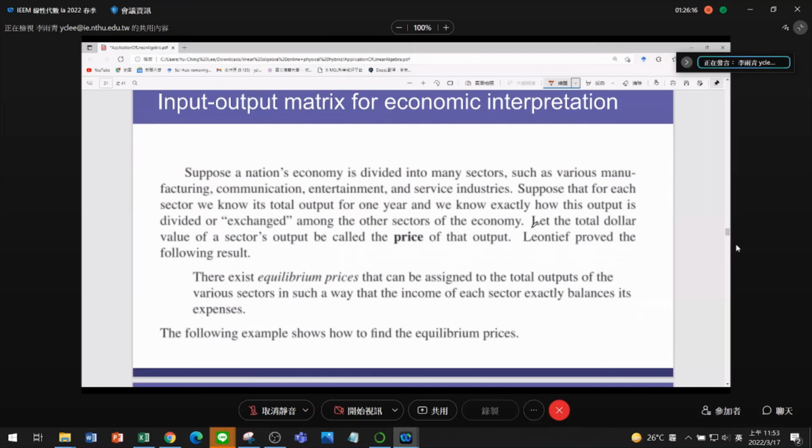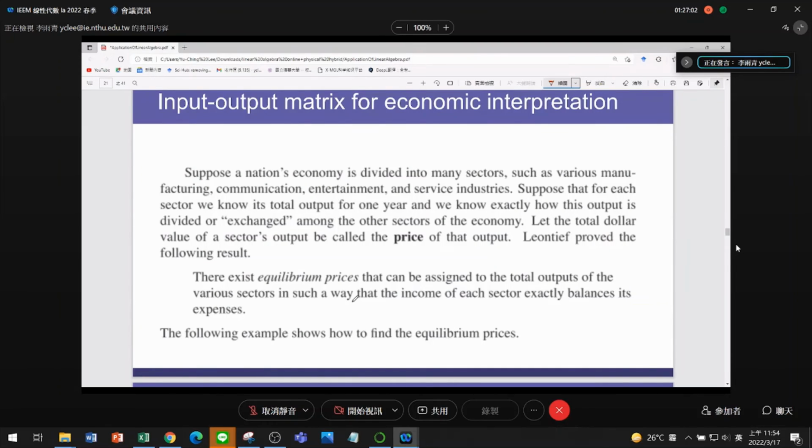can be assigned to the various sectors in such a way that the income of each sector exactly balances its expenses. That is, we find a price for these outputs such that the amount invested, the cost, exactly balances the price of the output. Although this is described very abstractly, and this page is basically economic terminology, so what has been described on this page is purely economic.